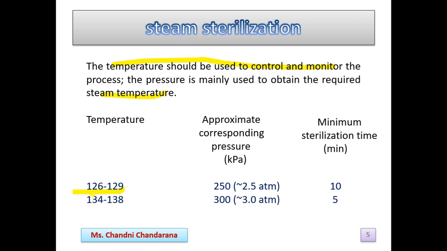If we carry out sterilization at this particular temperature, the pressure will be 2.5 atmosphere, and the minimum sterilization time will be 10 minutes. Because the pressure is high and the temperature is high, the sterilization time is less. When we sterilize our product for 5 minutes, we should maintain this much temperature and pressure.